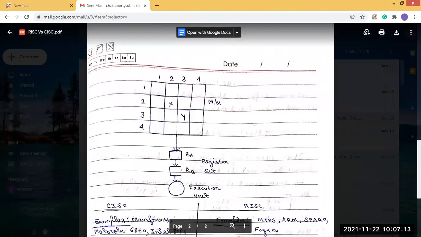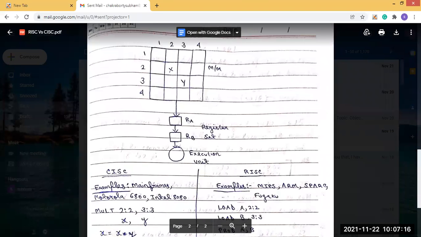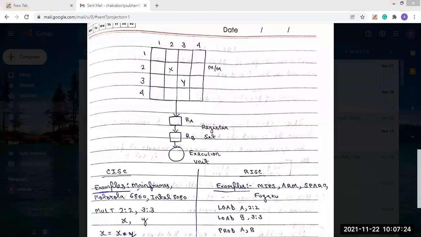Now, through examples, we understand why we say CISC and RISC. Computers that use the complex instruction set include mainframes, Motorola 6800 and Intel 8080.